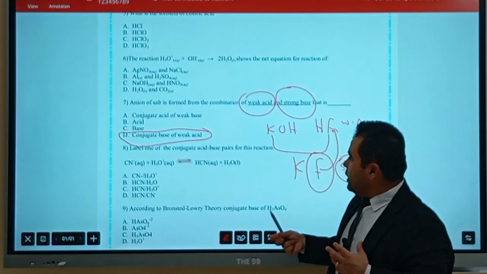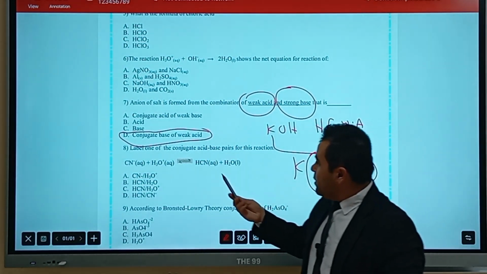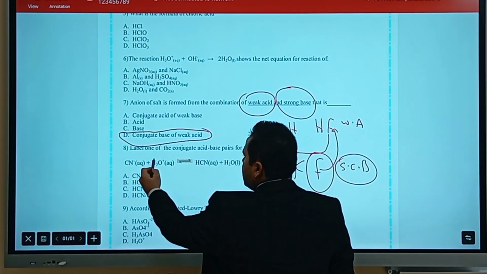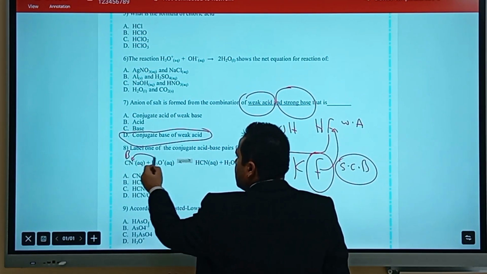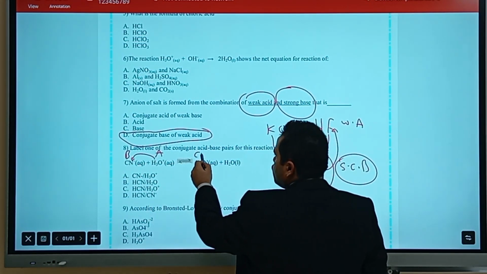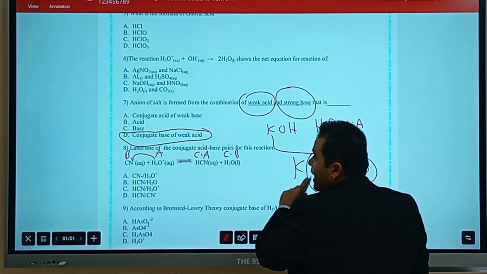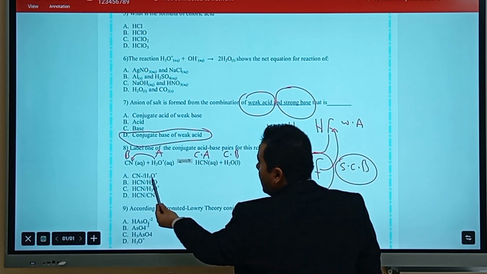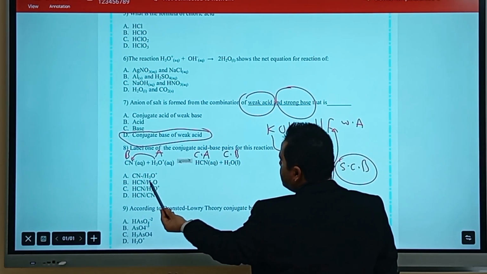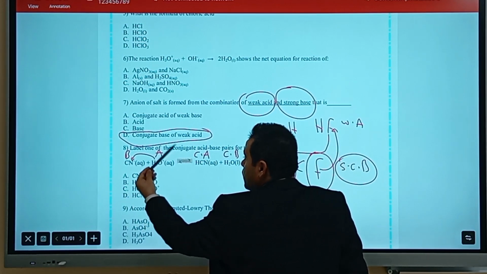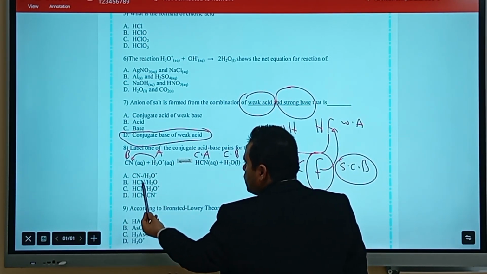Label one of the conjugate base pair for this reaction, guys. The conjugate base pair: this accepts a proton, so it's a base, and this one is an acid, a conjugate acid, and a conjugate base. So CN and hydronium are not conjugate pairs, because they exist both in the reactant; one must be in the reactant and the other in the product.